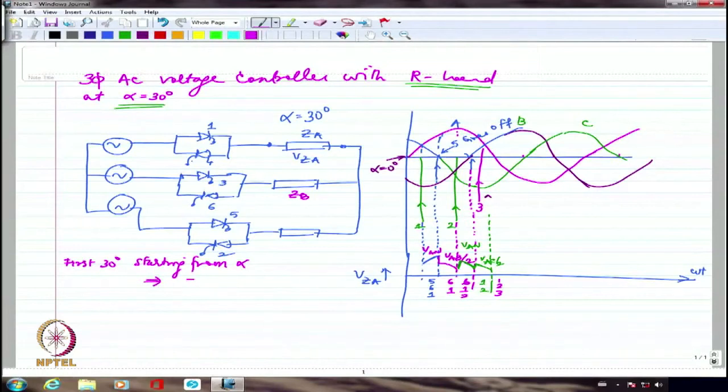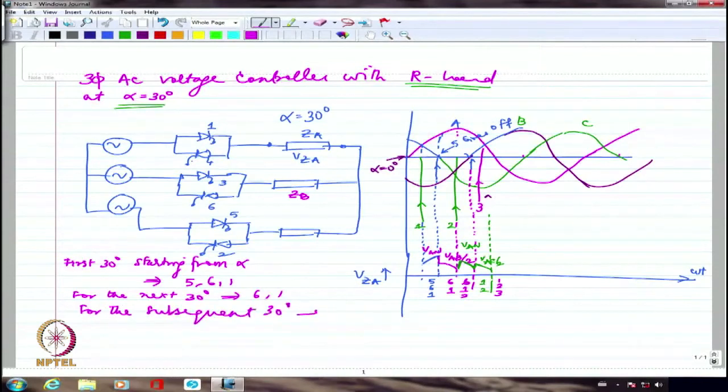Then for the next 30 degrees, I am going to have 6 and 1. Then for the subsequent 30 degrees, I'm going to have 6, 1, 2. Then I will have 1, 2. Then I will have 1, 2, 3. Then I will have 2, 3. This is the sequence that it is going to go on, right?